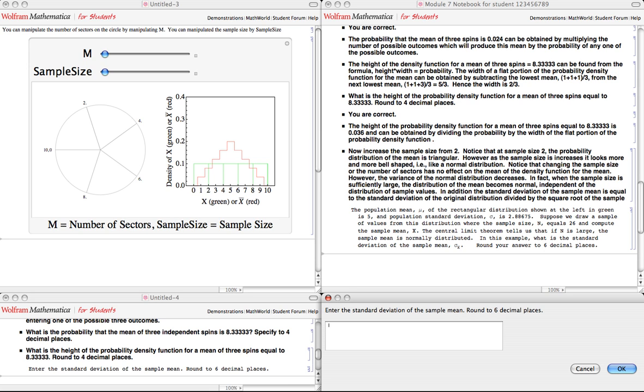It is equal to the standard deviation in the population, 2.88675, divided by the square root of n, which is your sample size, in this case 26. I'm just going to round that to 6 digits.